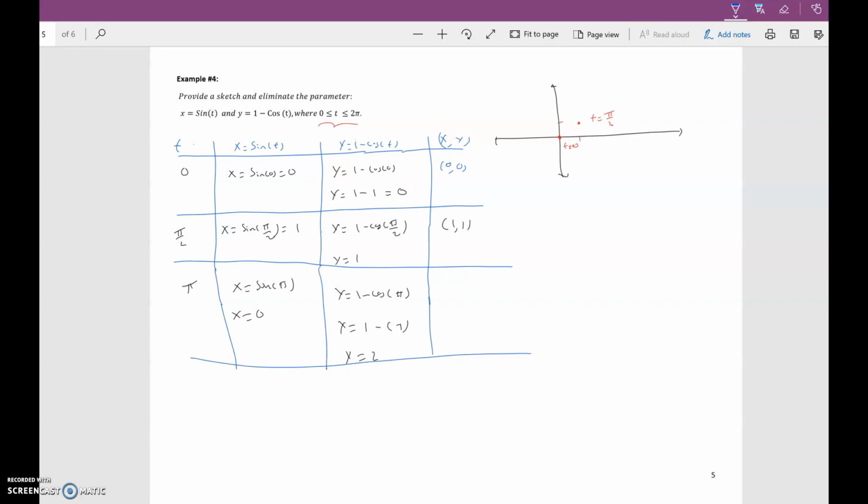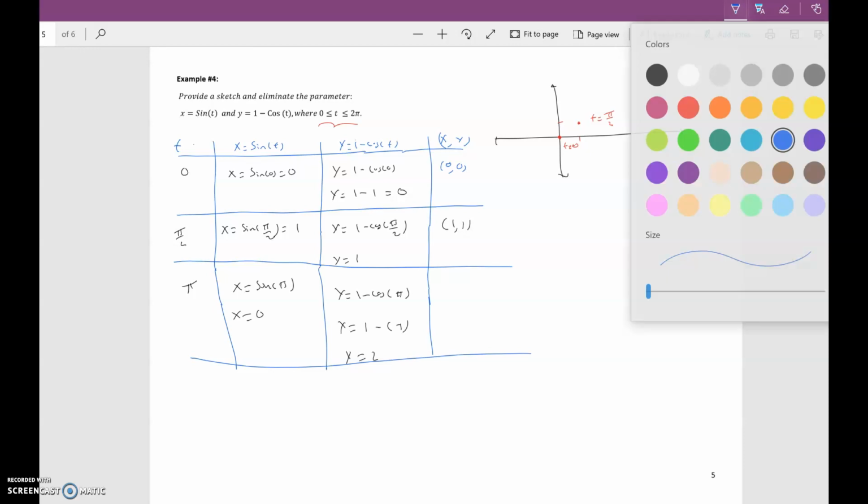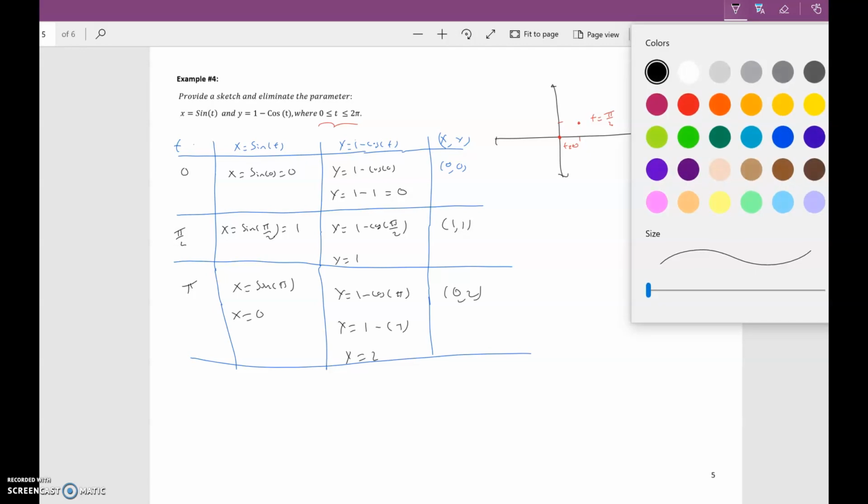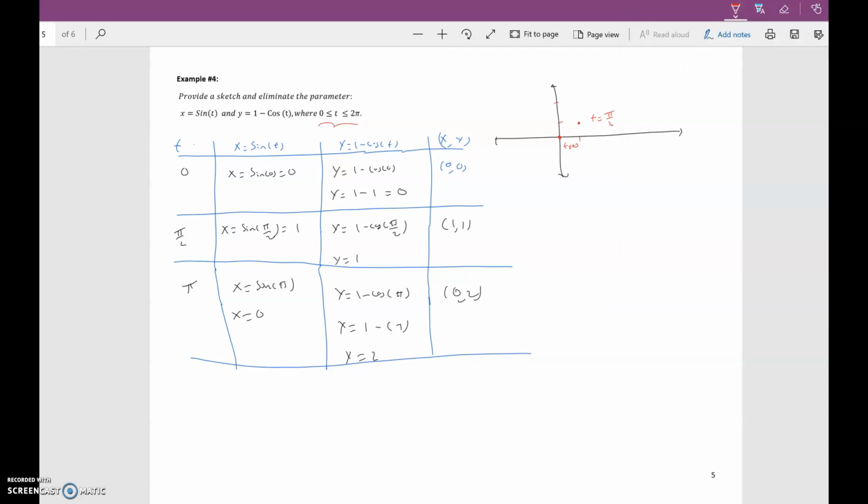Okay, so we're looking at 0, 2 for this value. And 0, 2 is going to be here. This is t is equal to pi.